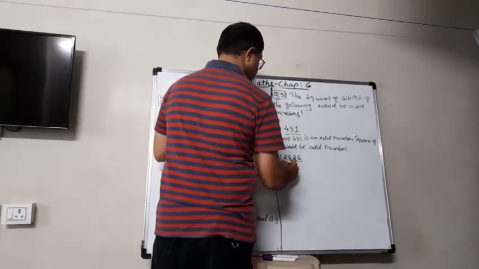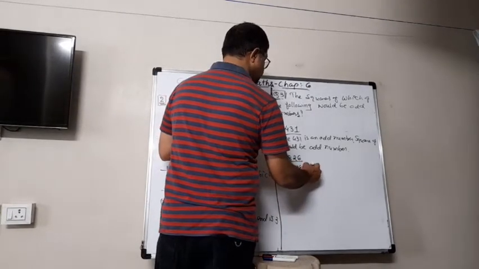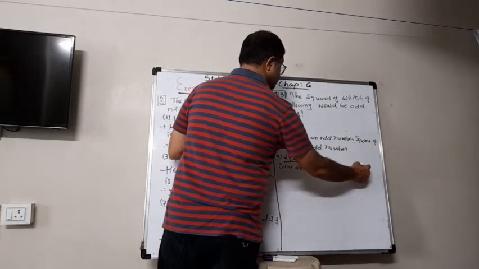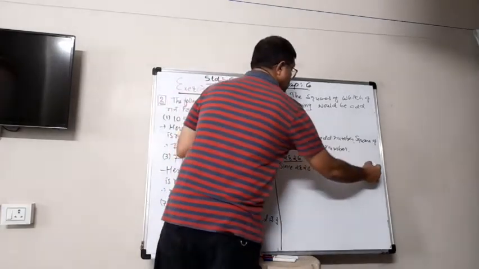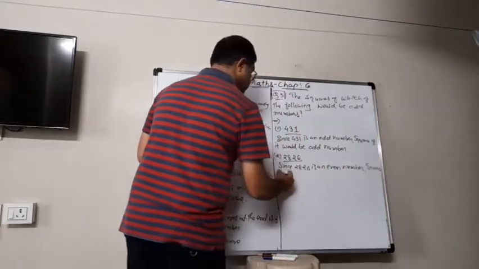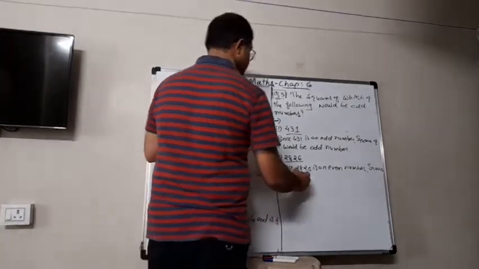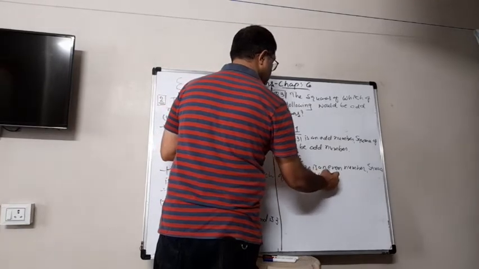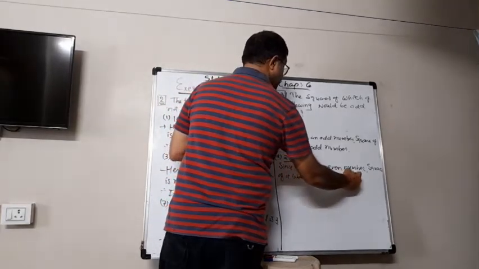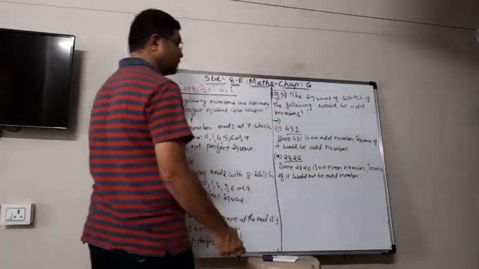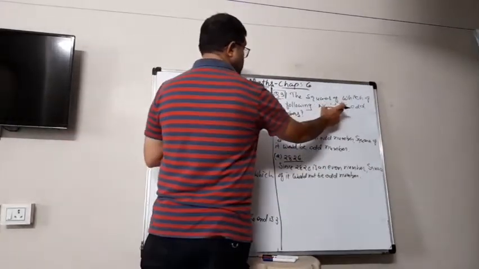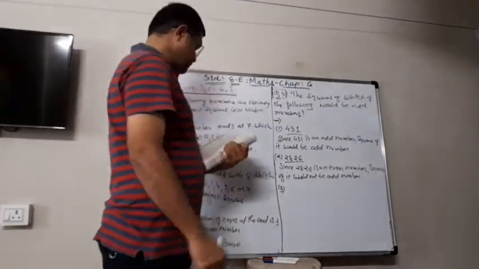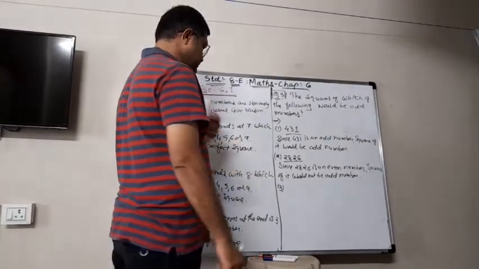So since 2826 is an even number, the square of it would not be an odd number, because it will be an even number. We have to just tell whether it is odd or not. Third number, 7779.